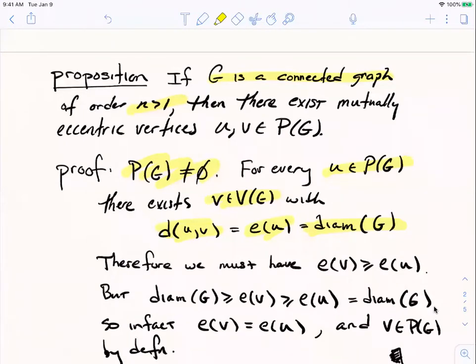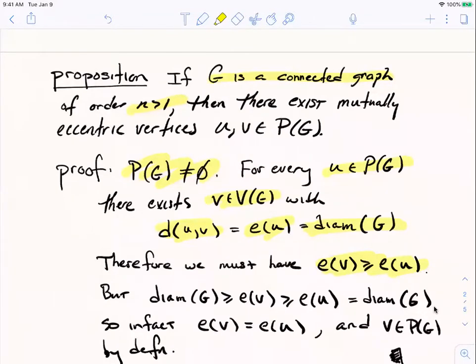And then because of that, the eccentricity of V has to be at least that of U. The way you want to think about this is, V is eccentric to U, so it's as far away from U as possible. There might be vertices that are further away from V than U is, and that's all I'm saying here: the eccentricity of V is at least that of U.